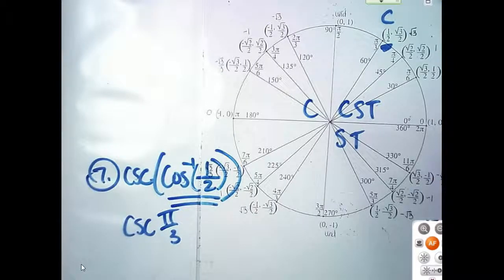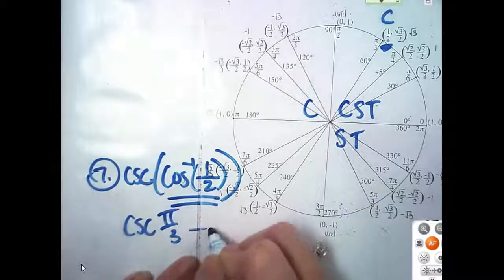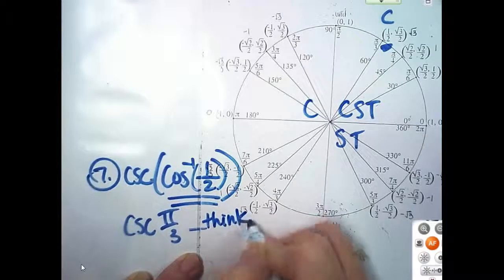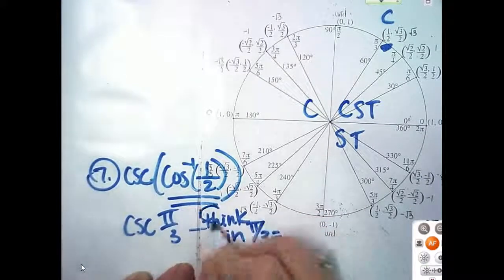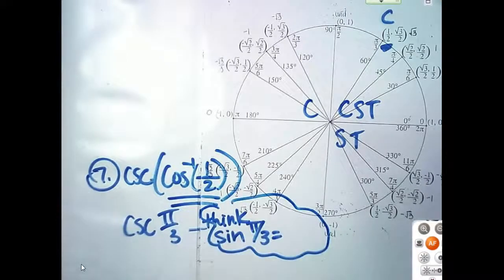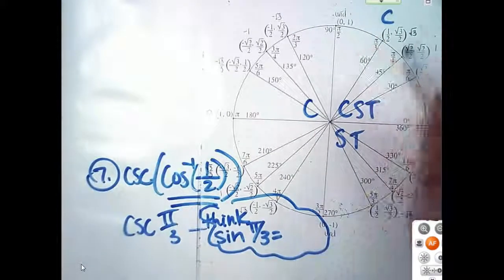We can't find cosecant, so we have to find its reciprocal. What's the reciprocal of cosecant? Sine. So I'm going to look for sine of pi over 3. And when I get my answer, kids just try to flip pi over 3. No, you don't flip pi over 3. Get sine of pi over 3. What is sine of pi over 3? Here's pi over 3.